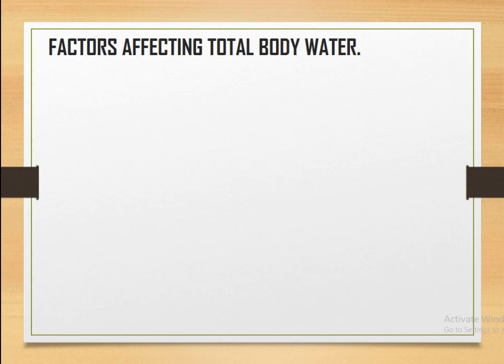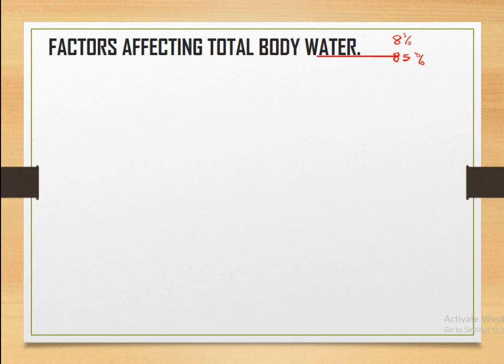For example, I said that in the teeth there is 8% of water. Your teeth have 8% water, whereas the brain shows the highest amount of water, which is 85% of it. So the amount of water in the body varies.